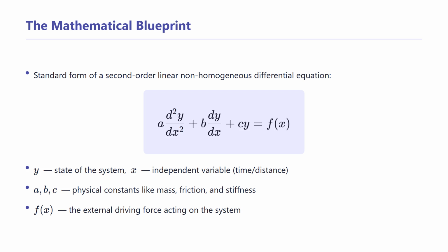The coefficients a, b, and c are constants representing physical properties like mass, friction, and spring stiffness. The crucial part is the term f of x on the right side. This is the external driving force. If this force increases, the system is pushed harder, directly changing the particular integral. If we set it to zero, we isolate the system to find the complementary integral.